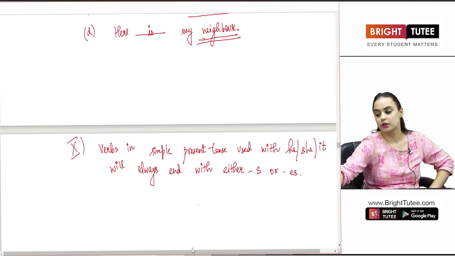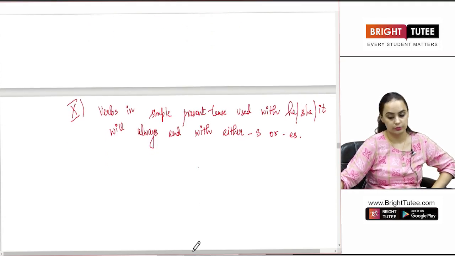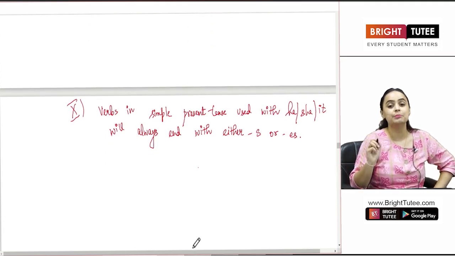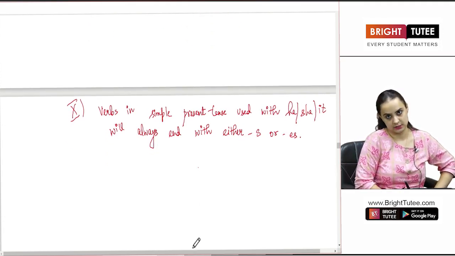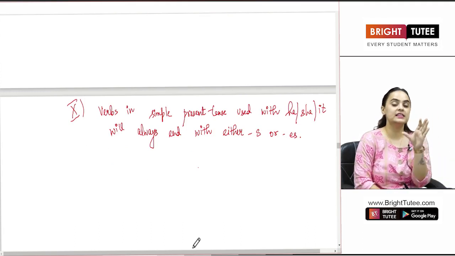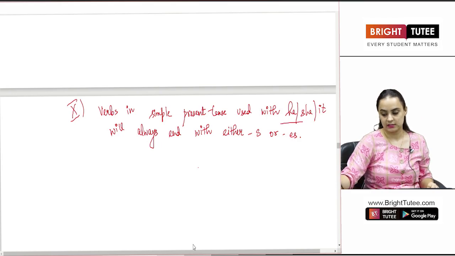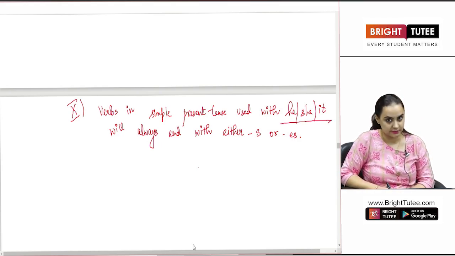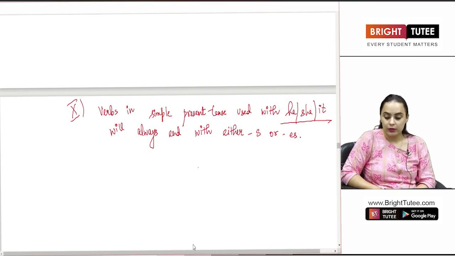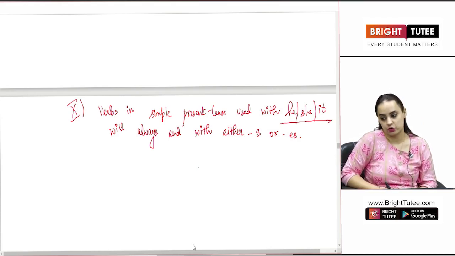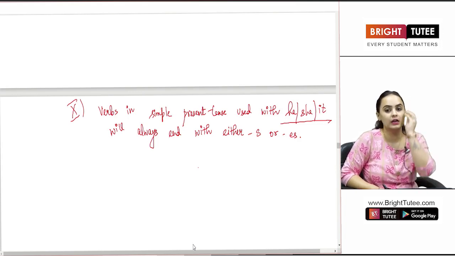If we are talking about a verb which is in simple present tense, and this verb is used with only three subjects, he, she and it, or the singular subjects you can say, we will always make sure that they end with either s or es.